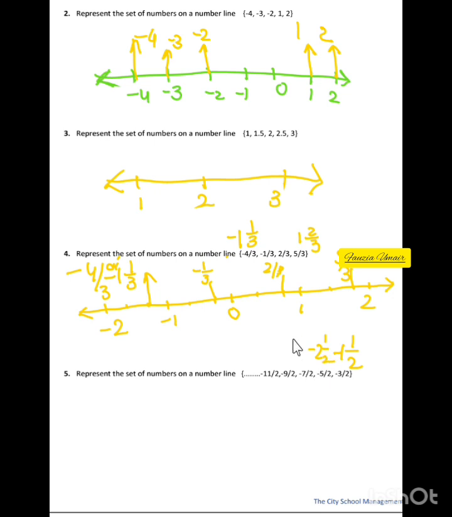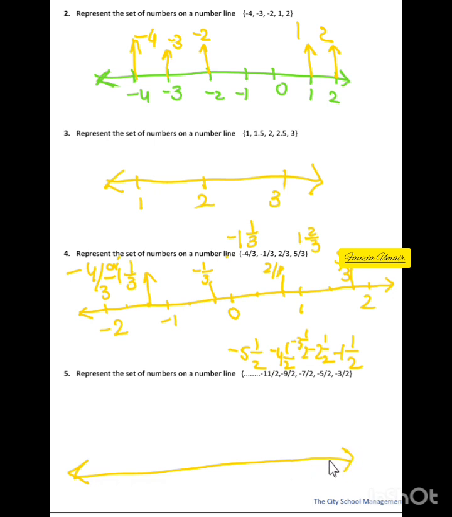Minus 7 by 2 is basically minus 3 whole 1 by 2. Similarly, minus 9 by 2 is minus 4 whole 1 by 2. And minus 11 by 2 is minus 5 whole 1 by 2. So now this makes sense for how I am going to draw them.